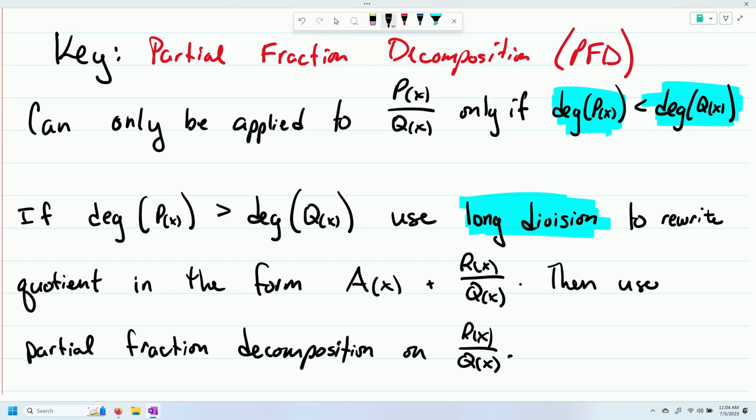So I think a good idea first is to do an example where partial fraction decomposition is not needed, because this is the big thing you have to worry about. Just because you have a rational expression doesn't mean you're going to be doing partial fraction decomposition all the time. You need to slow down and evaluate what you have first and then make your move from that.